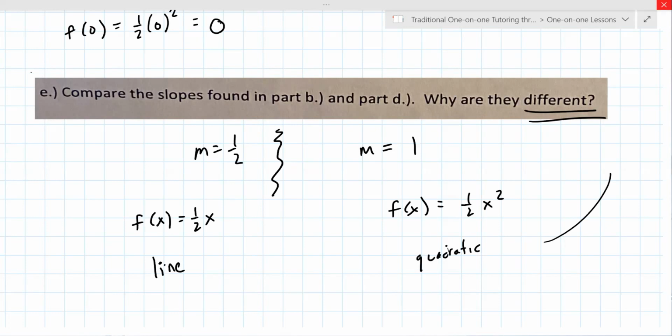Okay, so why is it different? Because one is a line and one is a quadratic, and the quadratic is a curve.